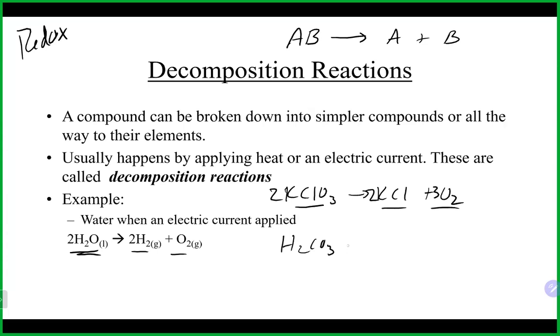Carbonic acid, which is oftentimes formed as a result of an acid and a carbonate coming together, quickly breaks apart into water and CO2 gas. So again, one thing making two things. So these are all examples of decomposition reactions, breaking something up into smaller pieces.